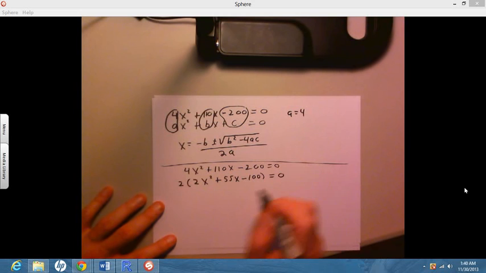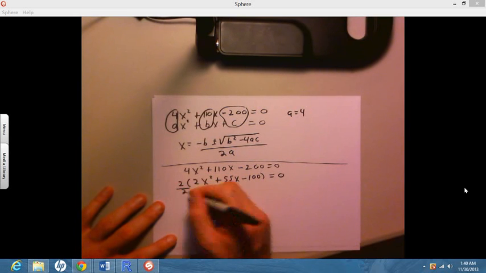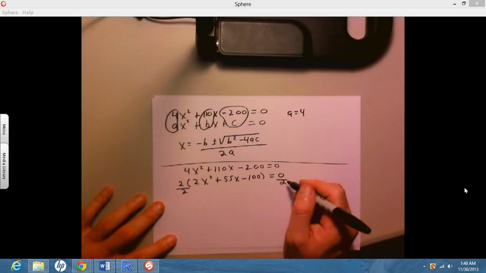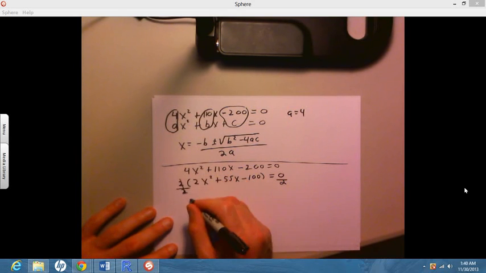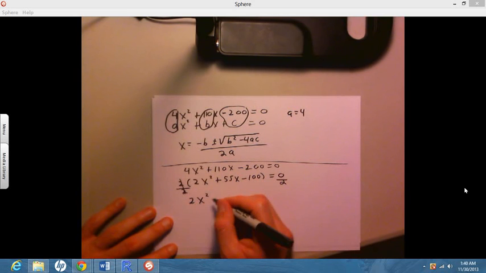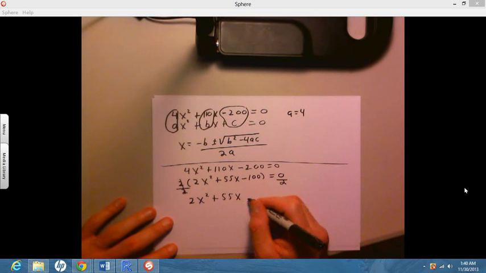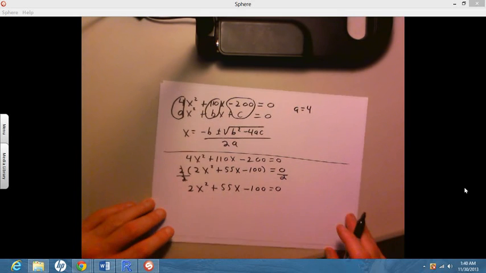Now what I can do is divide both sides of the equation by 2, and 0 divided by 2 is 0, and the 2's cancel out here. And I wind up with an equivalent equation that says 2x squared plus 55x minus 100 equals 0. So all I do is divide out by 2.